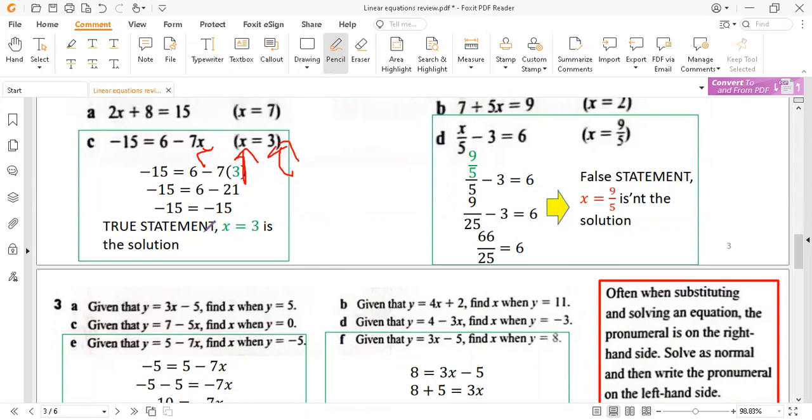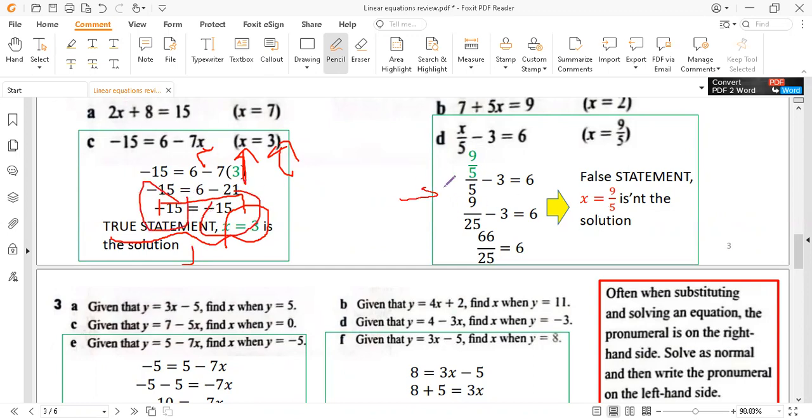If both sides are different, the given value isn't a solution. Any linear equation has only one unique solution, not multiple ones. So we replace 3 here and obtain minus 15 equal to minus 15. Yes, the statement is true, so x equal to 3 is the solution because both sides are equal.